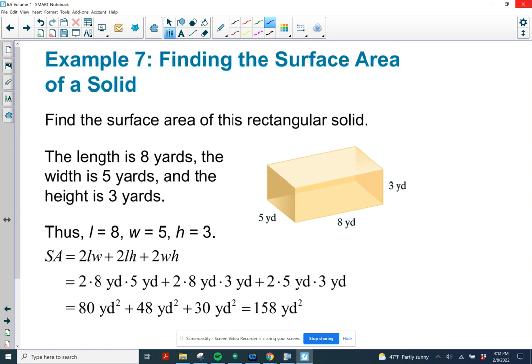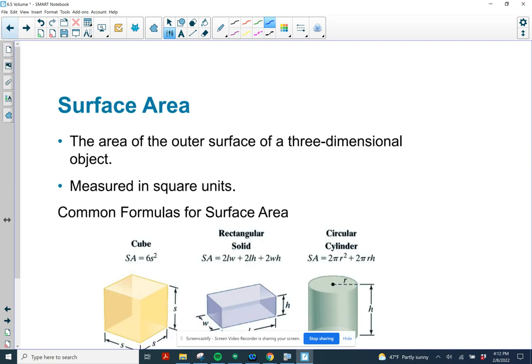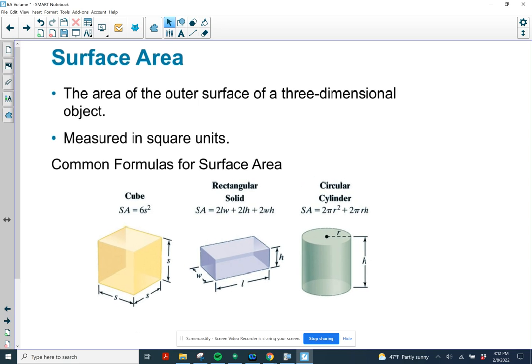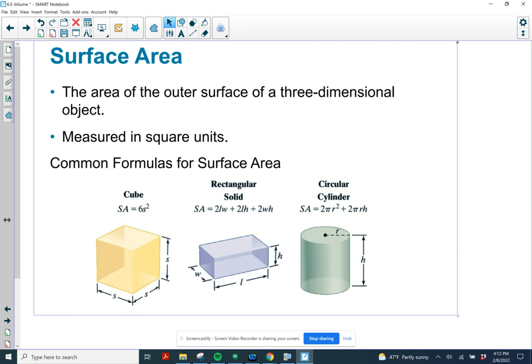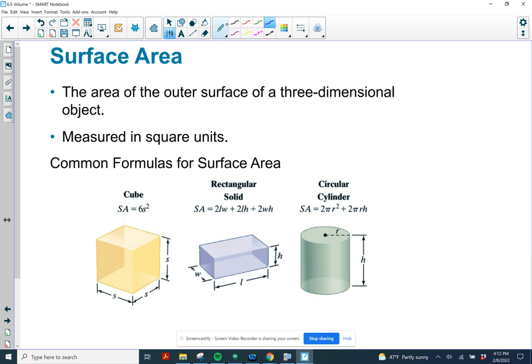All right, let's talk surface area, which is the last subject here. So example 7, finding the surface area of a solid. The length is 8 yards, the width is 5 yards, the height, where's my formulas? I skipped a page. That's why it looked funny. Surface area is the area of all the faces of our three-dimensional object.